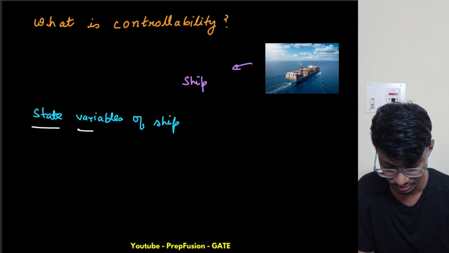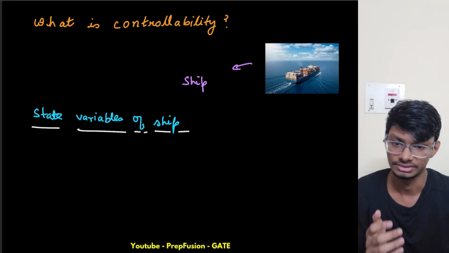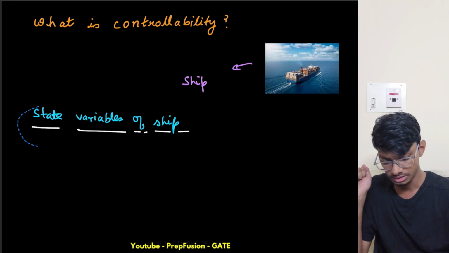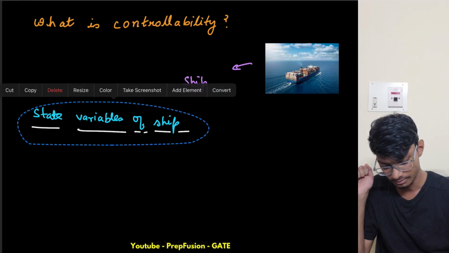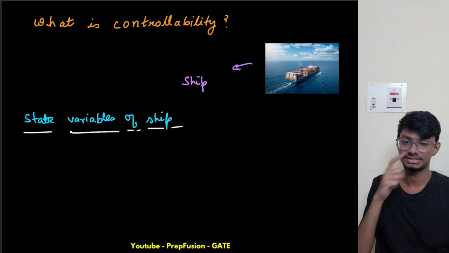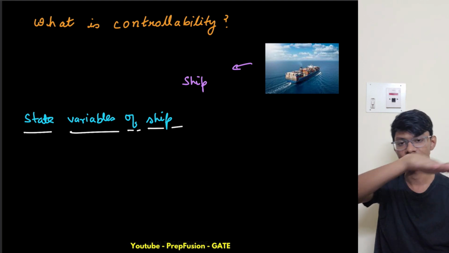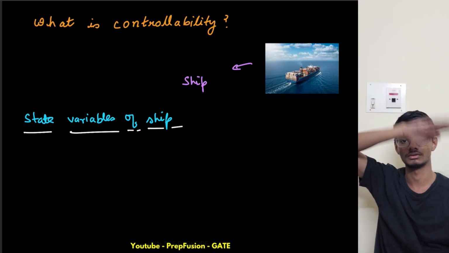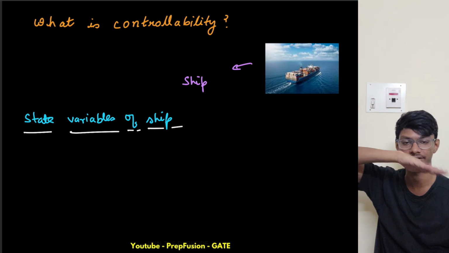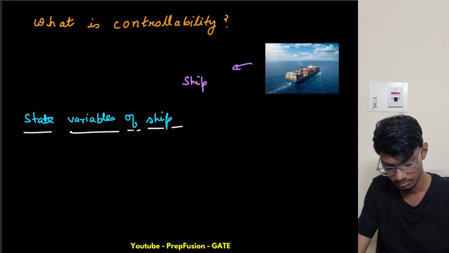What are the state variables you might choose? One is the position, like in the coordinates, where is it in the world map. So one of the state variables will be my position.